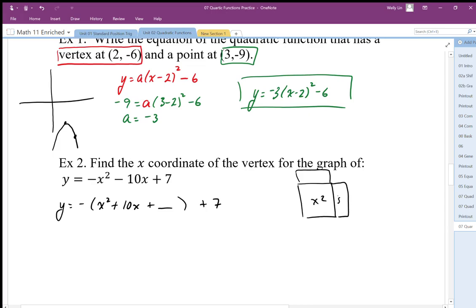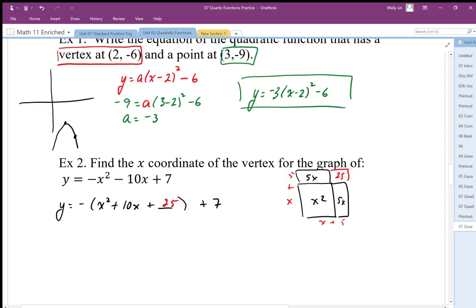I have 5x here, 5x here. I need to complete this square, or make this shape square. So I have x plus 5, x plus 5. So this must be 25 squares to complete the square. Half the middle squared gives me that last term.